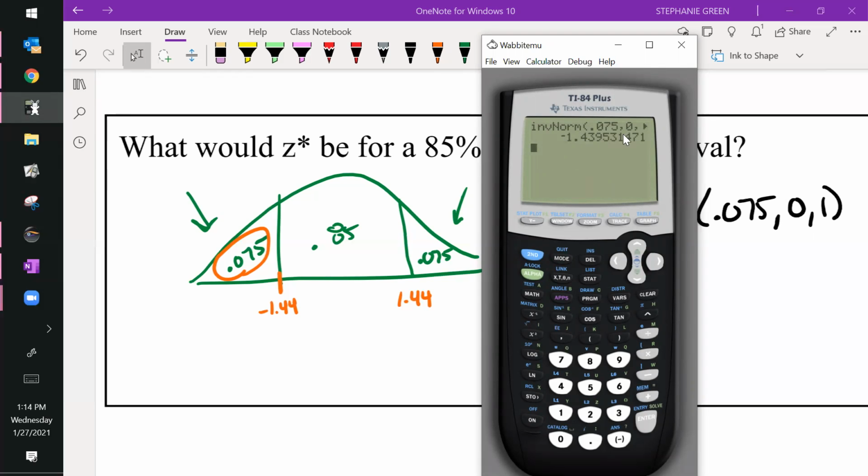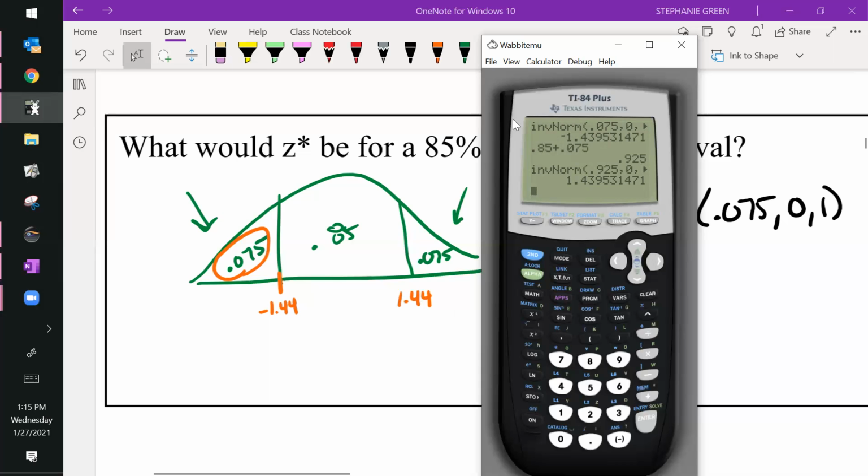This is actually more accurate because it gives more decimal places, right? I could check it even further. I could add up this 0.85 and this 0.075 to find out which percentile this Z star would be in, 0.925. And then do the same thing just to double check that we get the right number there as well. So there we go, positive 1.44, just like we expected. Good way to check your work though.